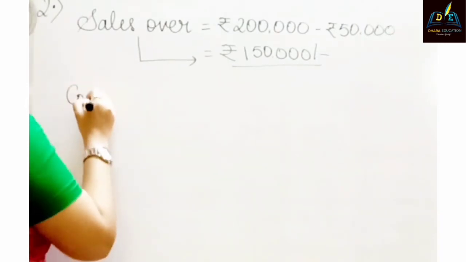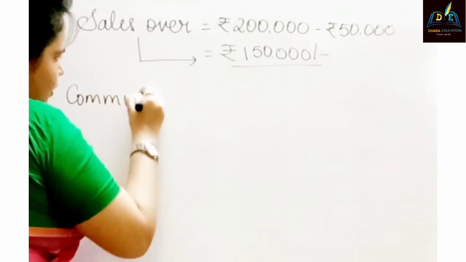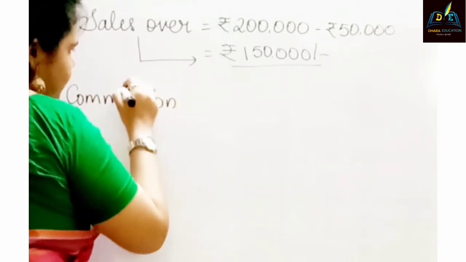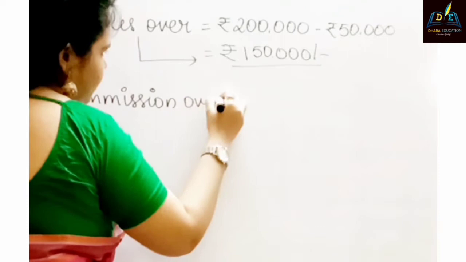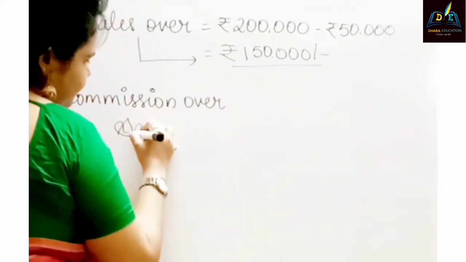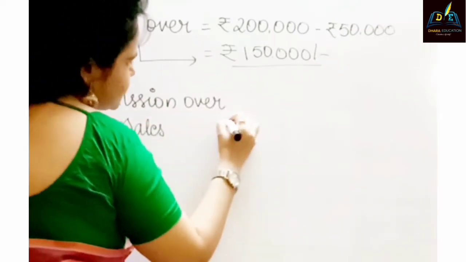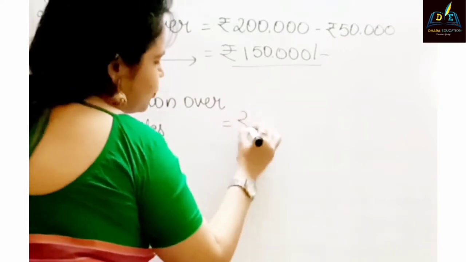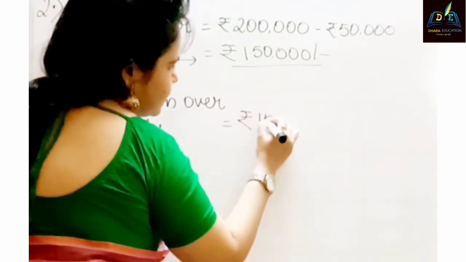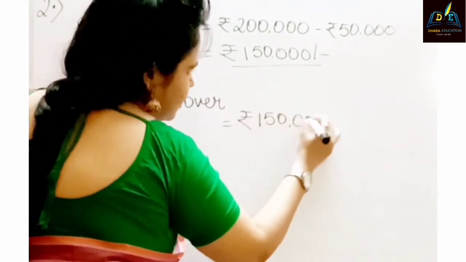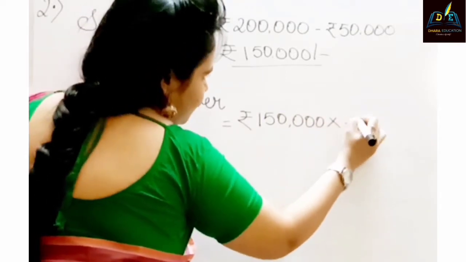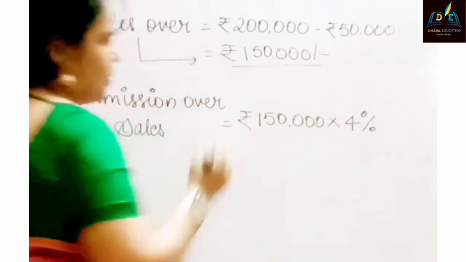Commission over sales is equal to rupees 1,50,000 multiplied by 4%.